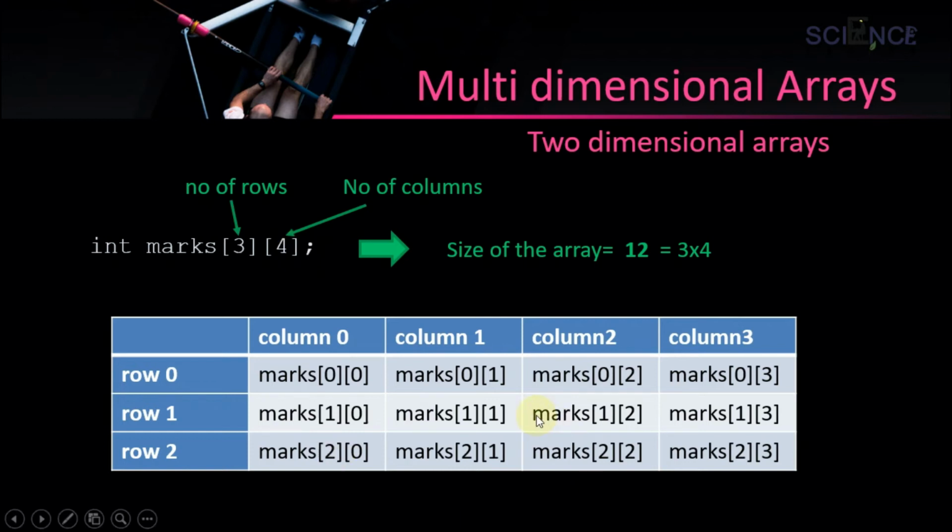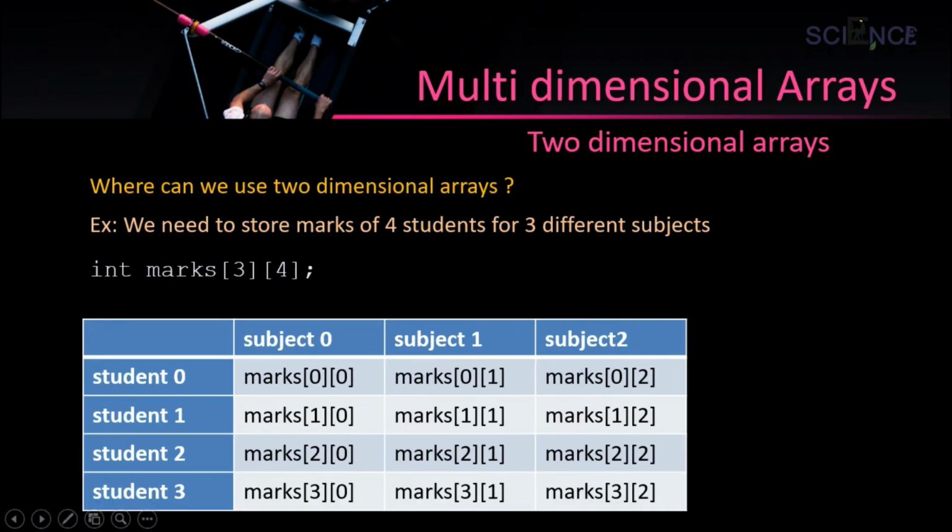Let's see how we use these two-dimensional arrays. Let's see, there is a case like this. We need to store marks of 4 students for 3 different subjects, right? So we have two things: we need to have 4 different students, and also 3 different subjects, right?